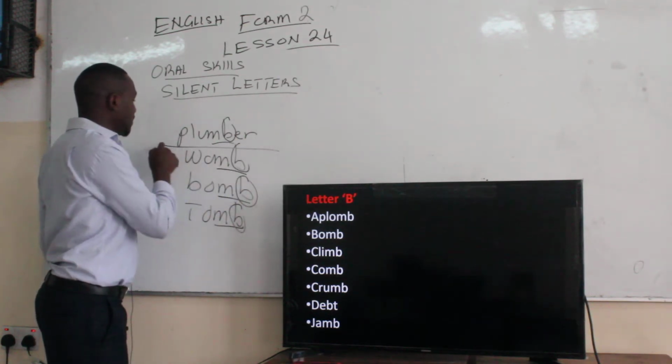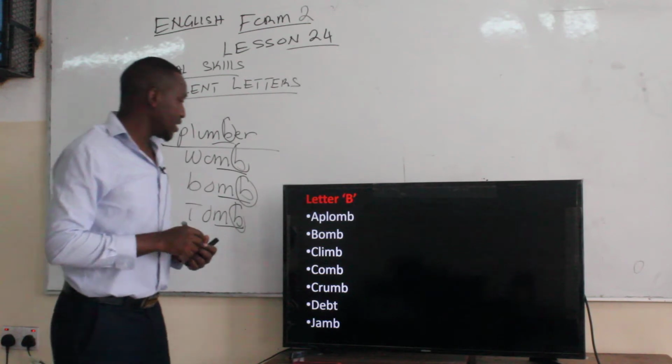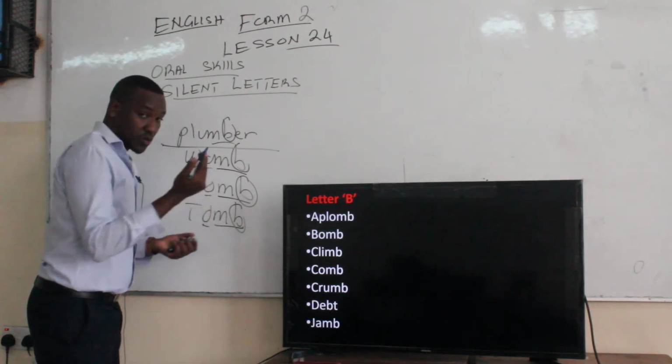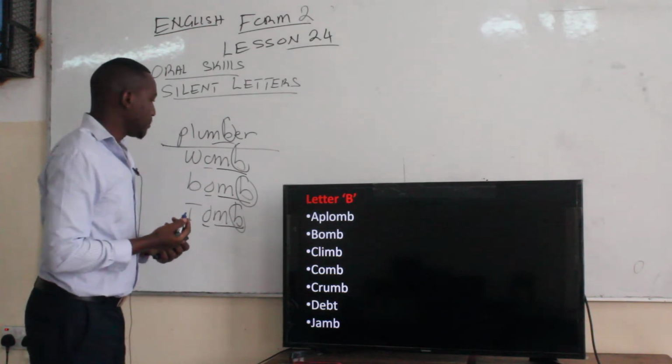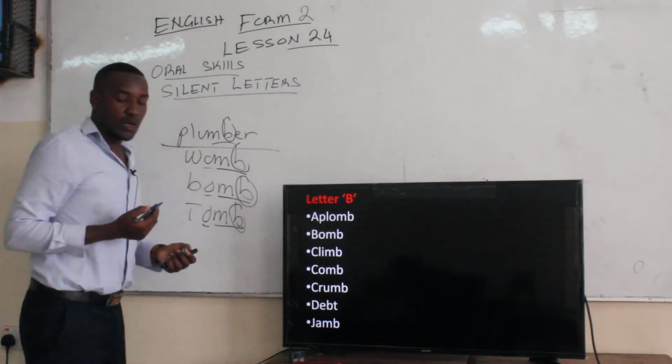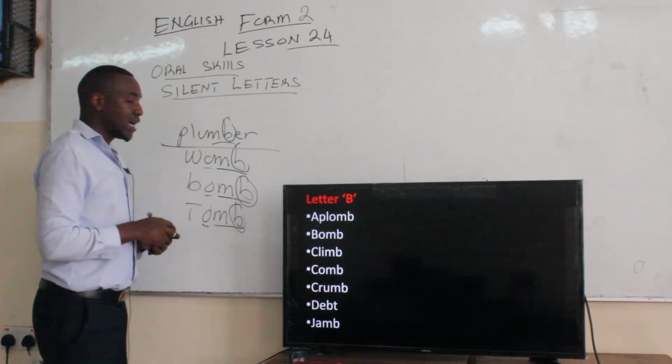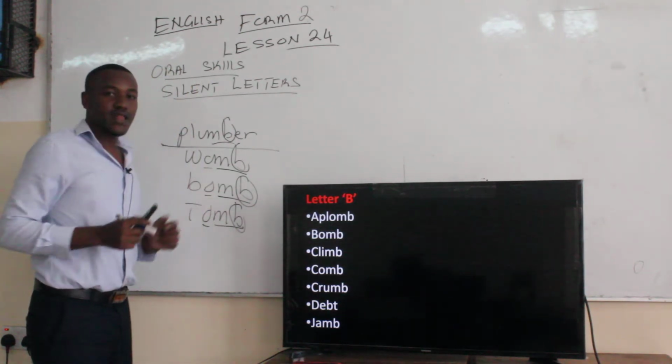So what happens in an exam, for example, is that you get three words with a part underlined, the vowel, and you're asked, from the words given, to pick the one that has a different pronunciation from the others.